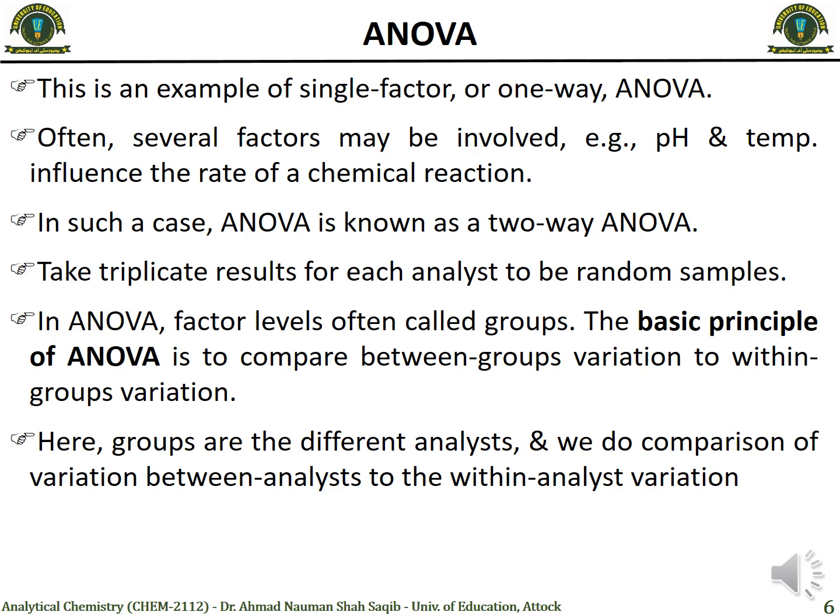One analyst has performed 3, the second analyst has 3, and between these there is some difference. So we will compare this variation with the variation among 5 different analysts. So this is the basic principle of ANOVA. In the given example, as we have the factor levels or the analysts, the comparison is the variation between analysts and the within-analyst variation.